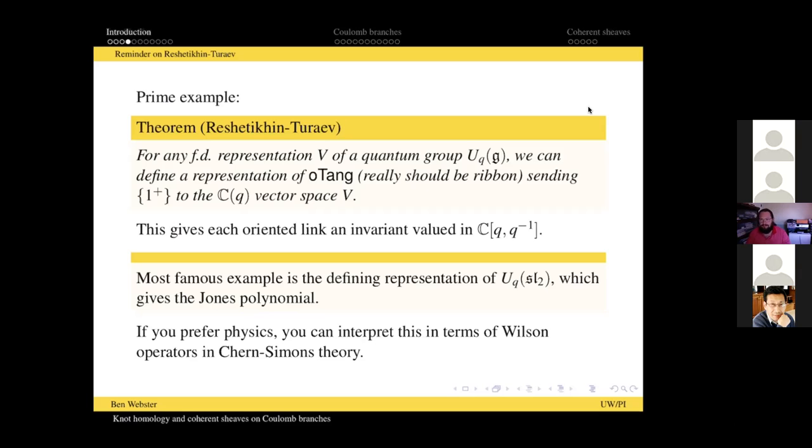Sorry, Ben, do you understand U_q(g) as an algebra over rational functions, or is q fixed? I'm a bit confused by the formulation of the theorem. I'm being a bit lazy here about needing to add in fractional powers of q and that sort of thing.